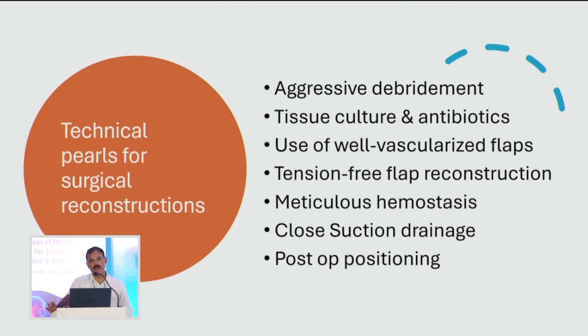Reconstruct your flap first, then close the donor site. Meticulous hemostasis is important to prevent hematoma formation. As you know, hematoma is a good culture medium for the growth of bacteria. So it should be closed with a suction drain to remove all hematoma or blood behind the flap, and post-operative positioning is also important.